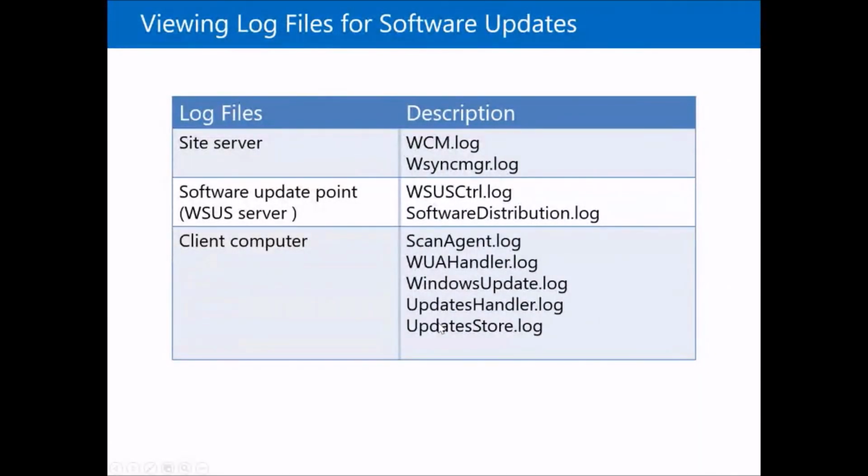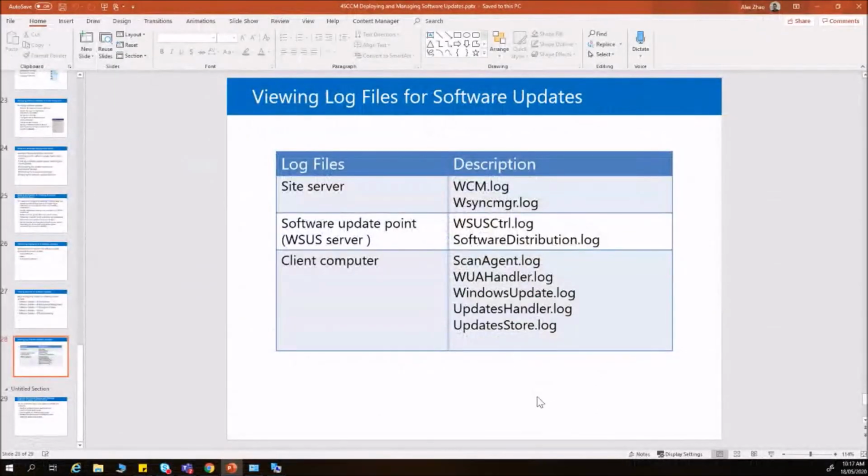And log files. So like I said, there's plenty of logs associated with SCCM, and to look at for updates specifically on the site server, you've got the WCM configuration manager log and the synchronization manager log. For the WSUS server, there's the WSUS control log and software distribution log, and on the client computers themselves, you've got these logs to manually look at.